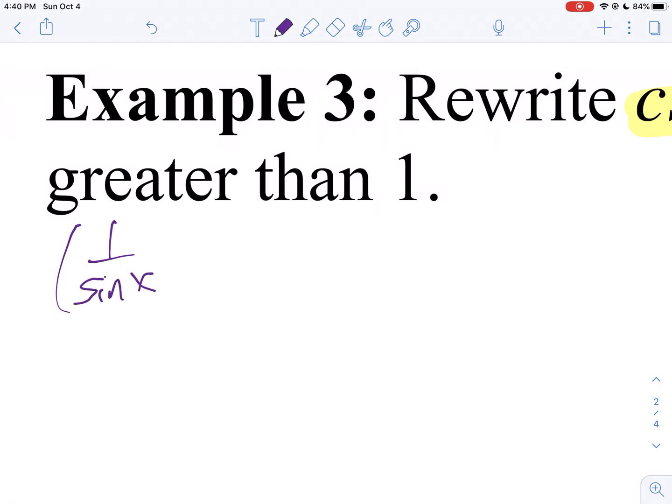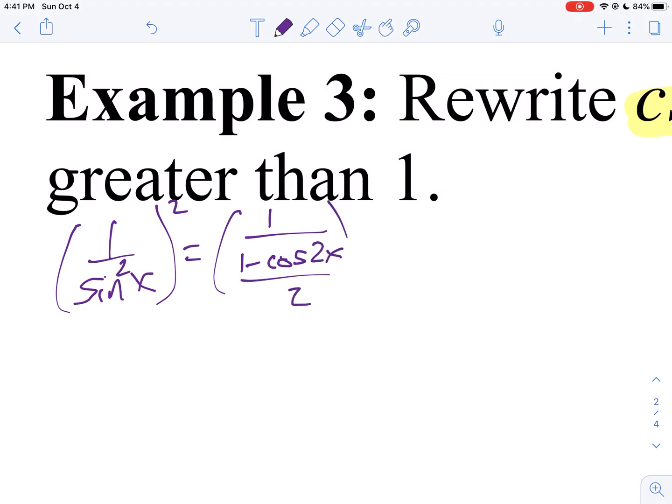Now, how in the world do I get to the 4th power? Well, I know my formula is squared, and if I square that, that would be to the 4th power, wouldn't it? So I'm going to square my square. Now I'm going to rewrite my formula. I'm going to use my perfect square for sine, so it's 1 over 1 minus cosine 2x all over 2, and I'm going to square that.